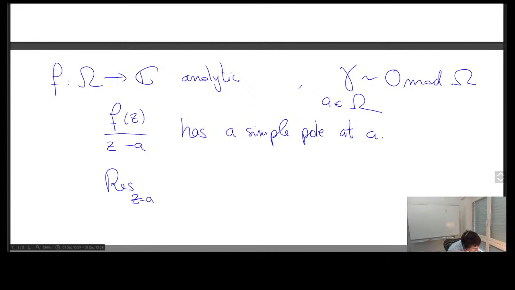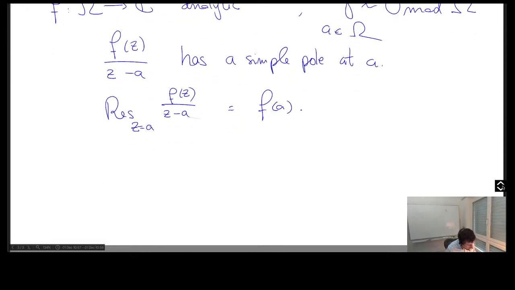Because what is the residue of this function? Again, you multiply by z minus a, you get f of z, then you evaluate at a, you get f of a. Right? Trivial thing to compute, exactly the same way that we did before.